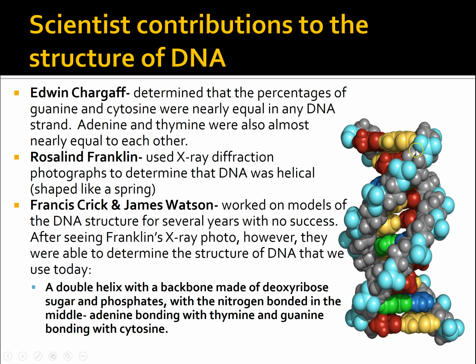And so you have your deoxyribose sugar and your phosphate alternating all the way down, and then the nitrogen bases are bonded across the middle. And A always bonds with T, and G always bonds with C, and that is why Chargaff's rule of the A's and the T's being equal and the C's and G's being equal worked out in their structure. That was one of the ways that they knew that it was correct.